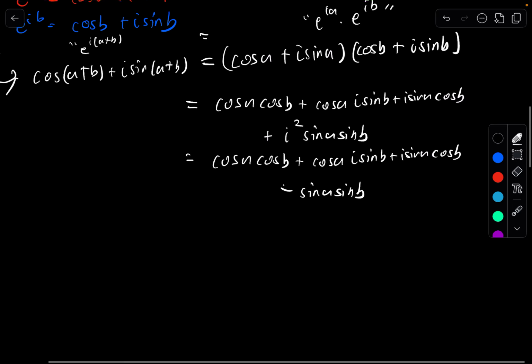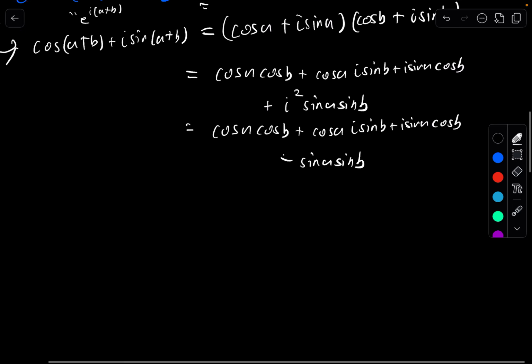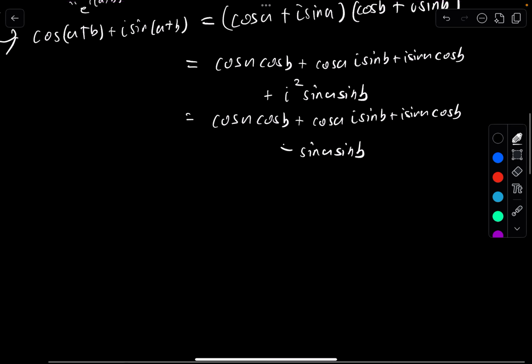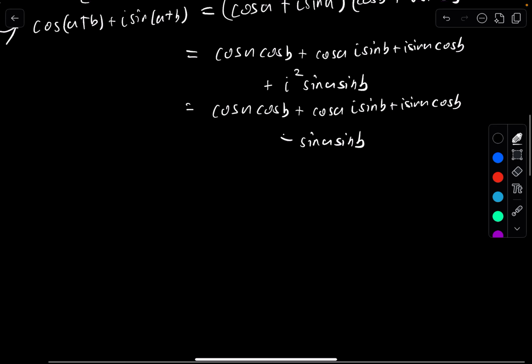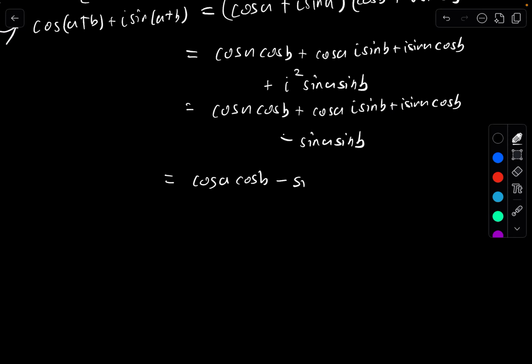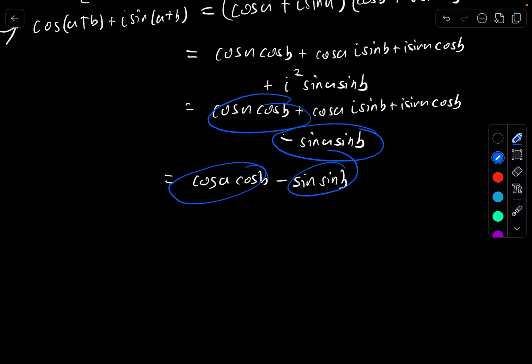Okay. Now let's rewrite everything in a form that may look very interesting. So we're going to put the cosine A cosine B minus sine A sine B in the front, the things without the i's.